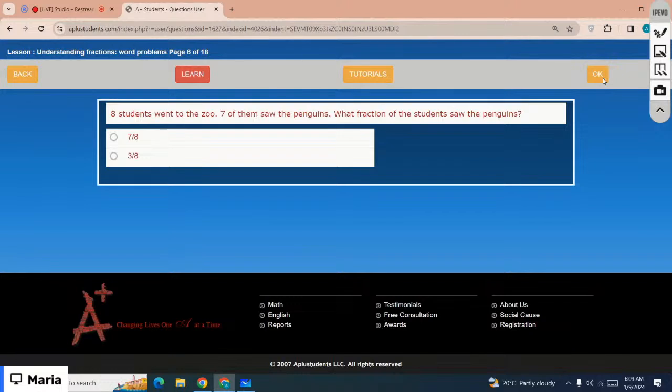The next one is 8 students went to the zoo. 7 of them saw the penguins. What fraction of the students saw the penguins? Which is the correct option?